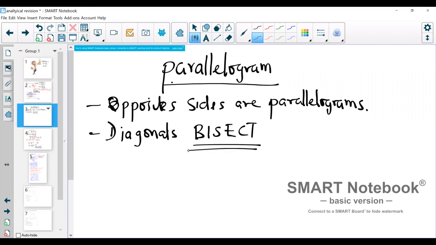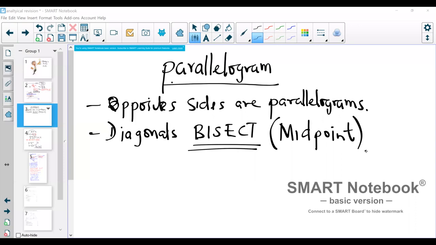And when I say diagonals bisect, I am actually bringing in the concept of midpoint. All right, very key. Diagonals bisect. It means I am bringing in the coordinate of midpoint. Now we need to find out which one is our correct value.